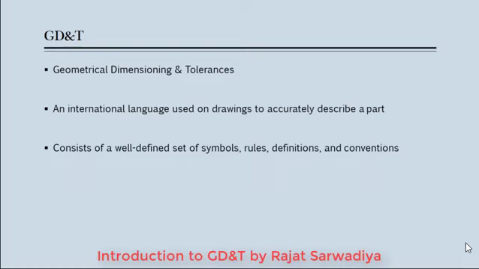Then let's go back to the history, to where exactly GD&T started. We'll just have a brief look at the history of GD&T. The history of GD&T goes back to the Second World War, when there was a shortage of ammunition, and they started using similar products as a replacement for their parts, because everything was down and there were requirements of almost everything.